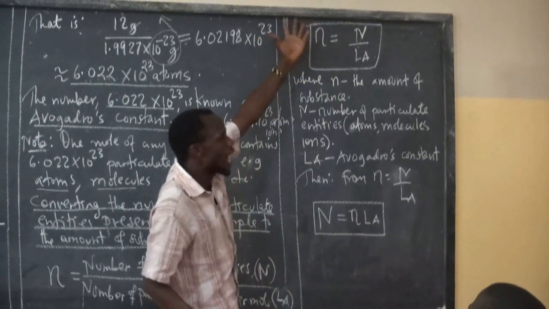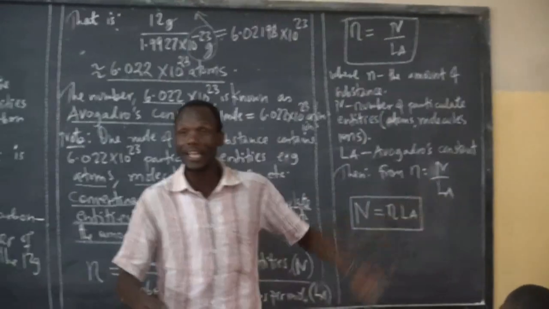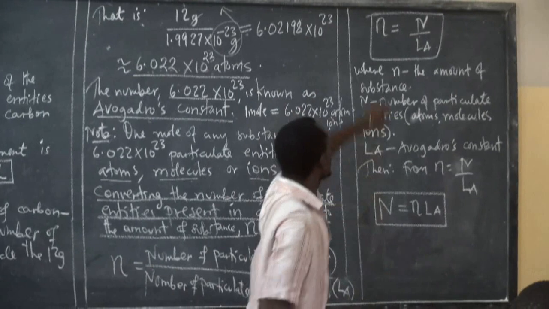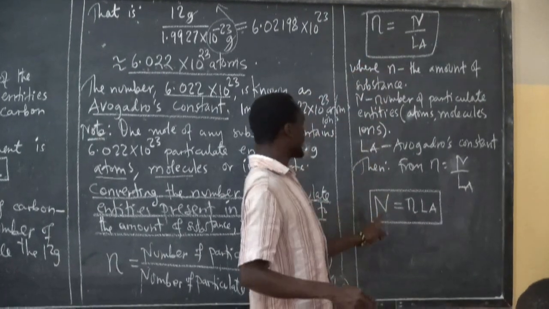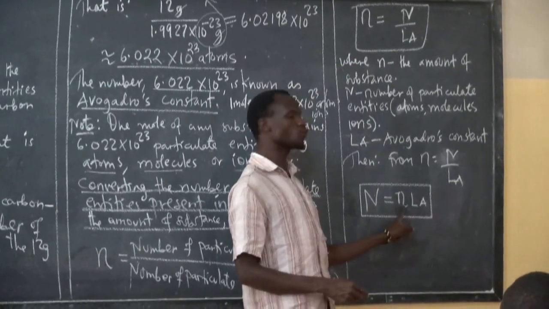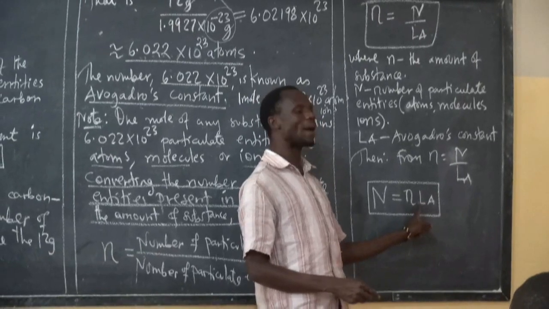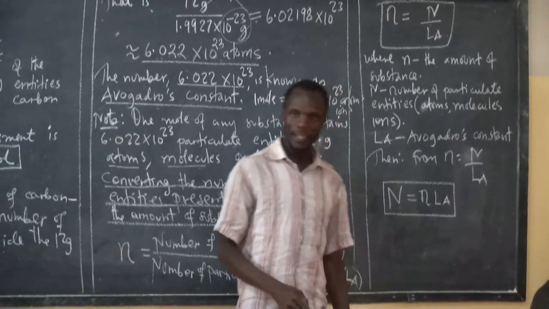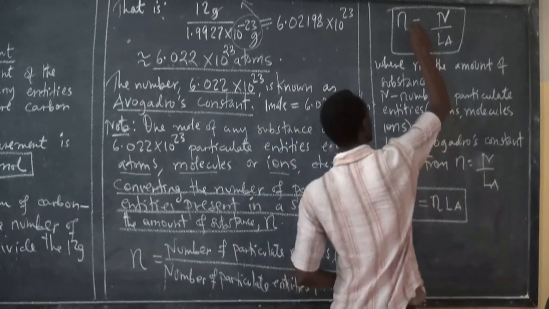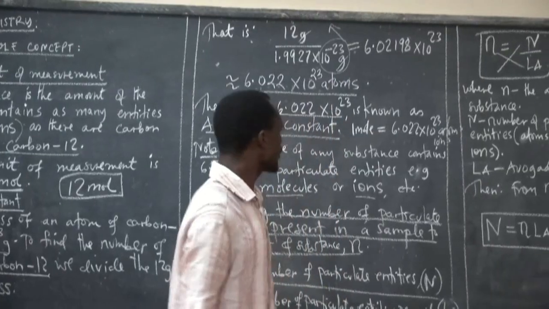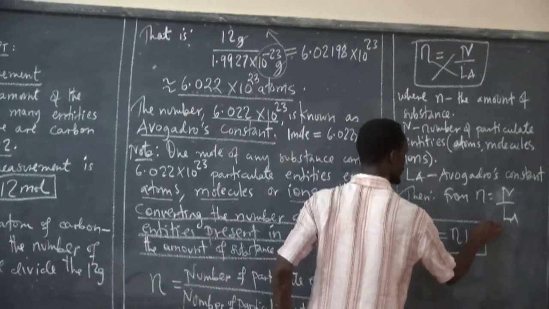And now, if you close the tap, you find capital letter N is equal to small letter n multiplied by Avogadro's constant. This is according to mathematics. Now this is the formula and how it is used.